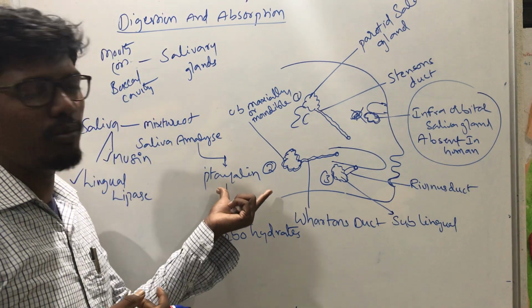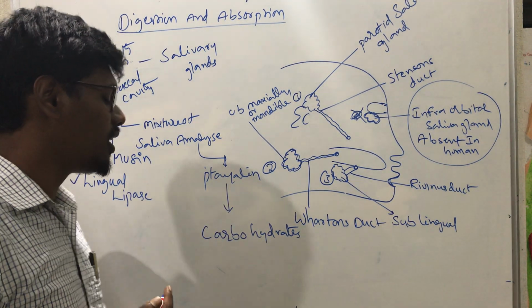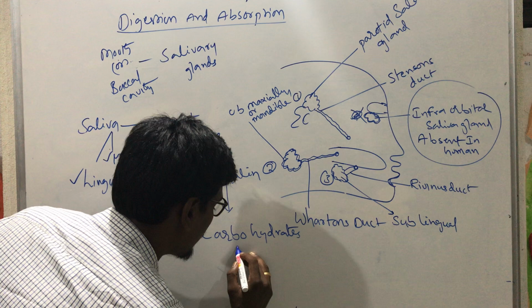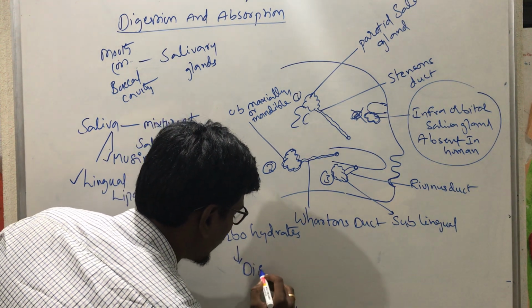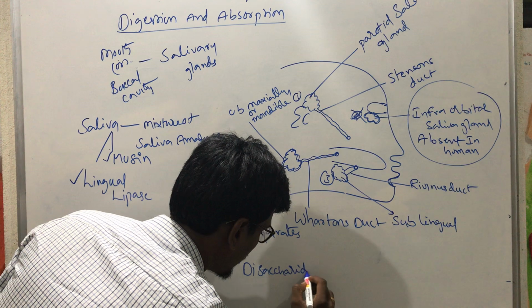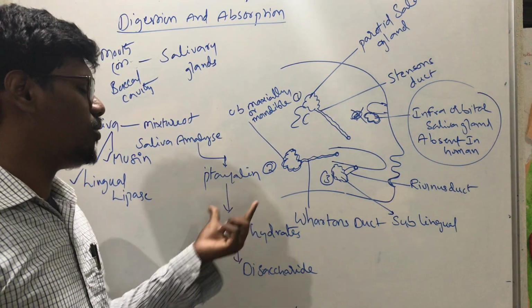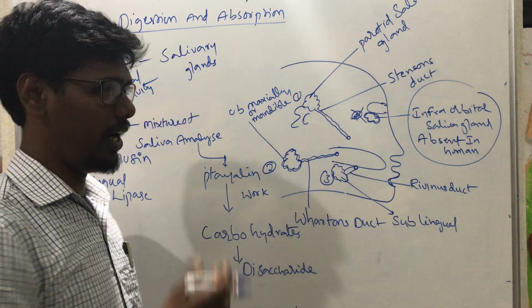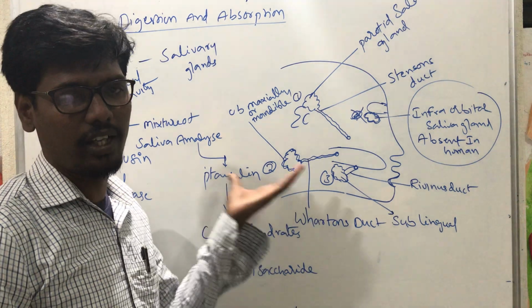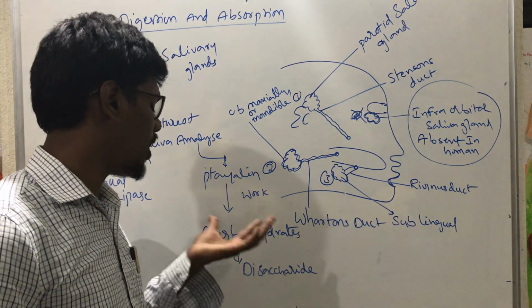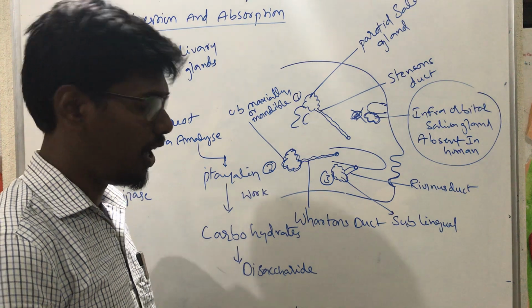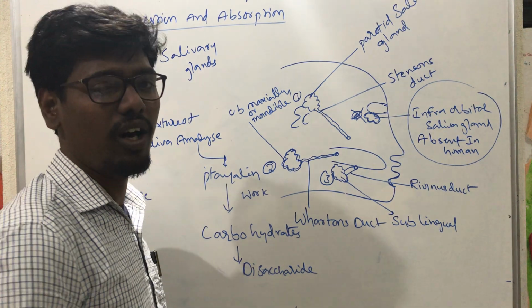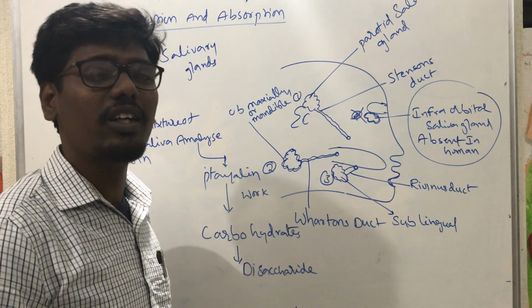The ptyalin enzyme is going to work on carbohydrates, converting them into disaccharides.